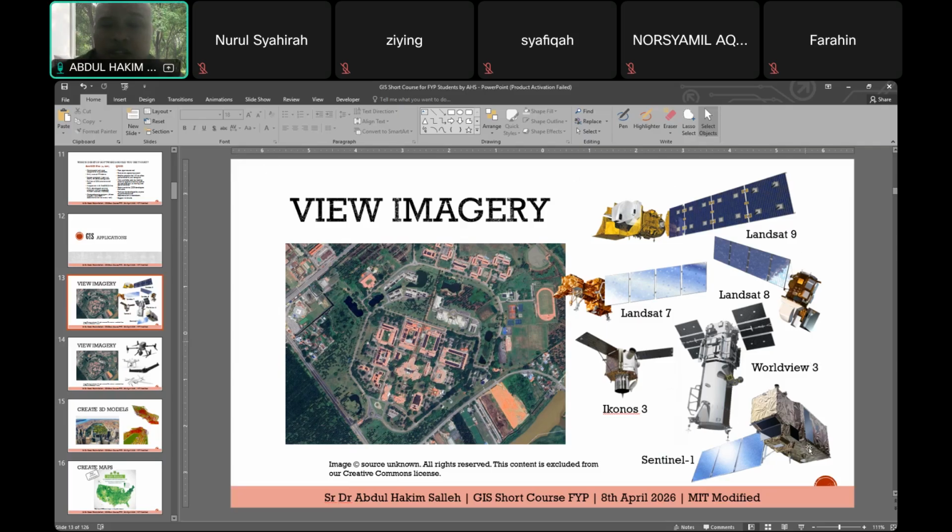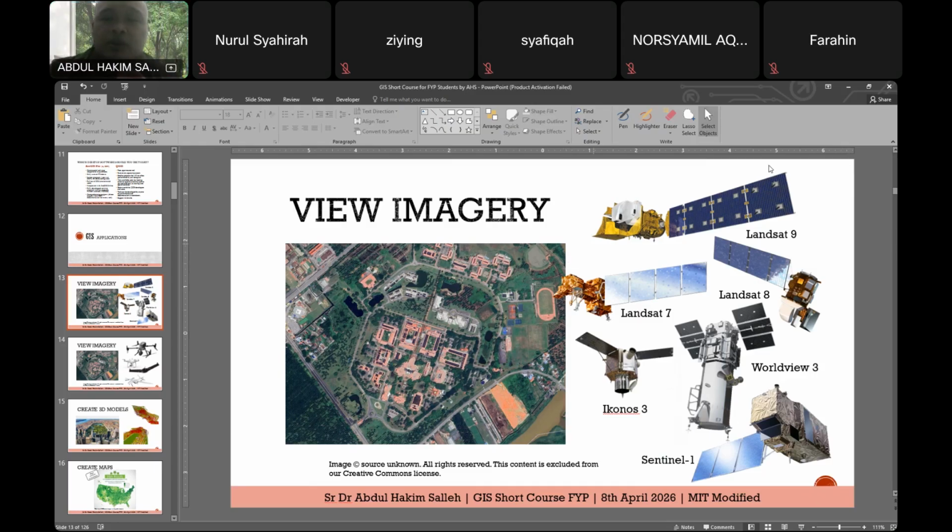Now here in this image is what is known as remote sensing. This can give you the image that you are able to see from the free-to-use Google Earth. Sorry, something happened.